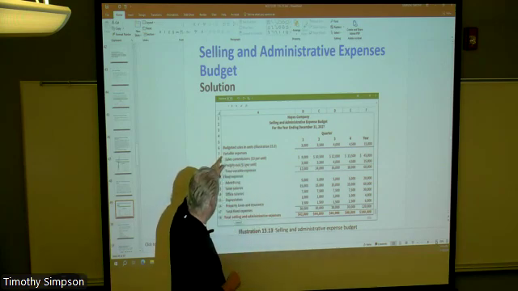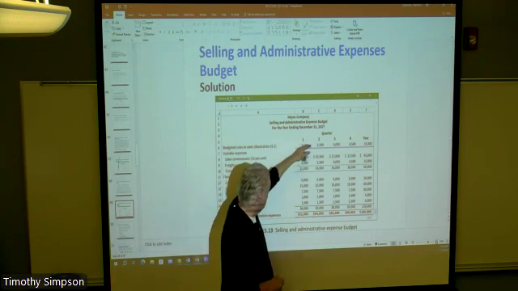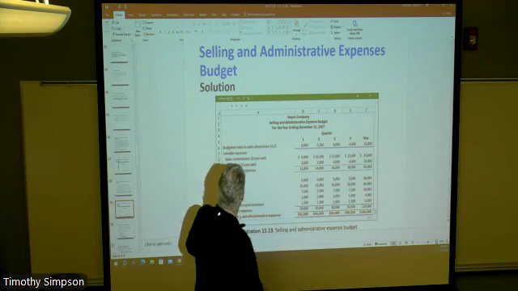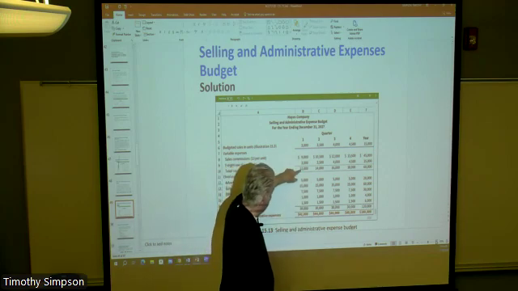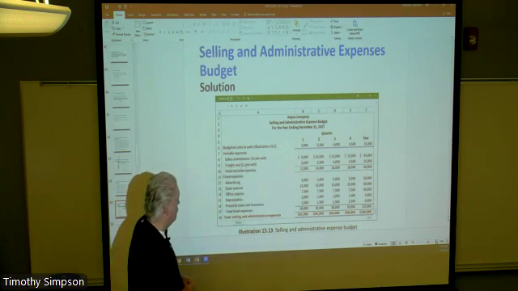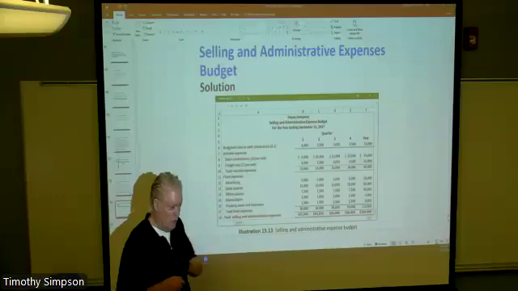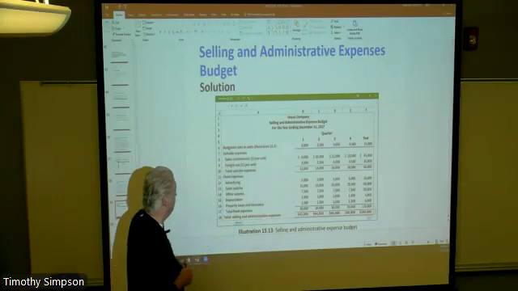Sales commissions were $3 per unit. So 3,000 times 3 is 9,000. 3,500 times 3 is 10,500. And freight out costs are $1 per unit. So if you simply add these up here, we have 12,000 of variable expenses in relation to the amount sold.